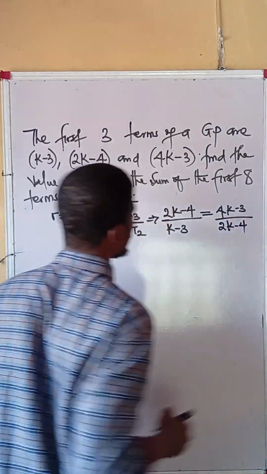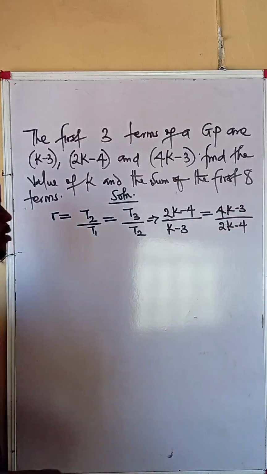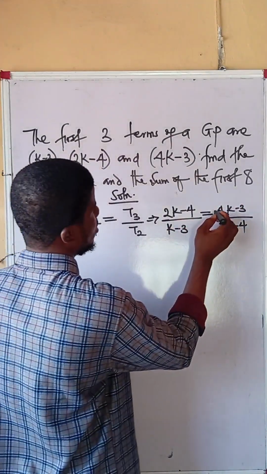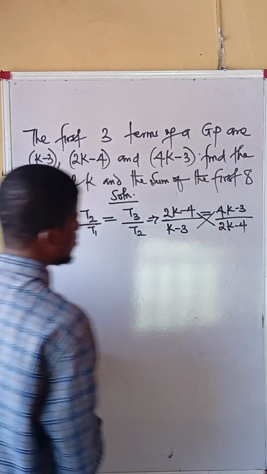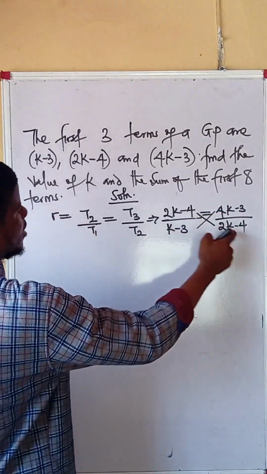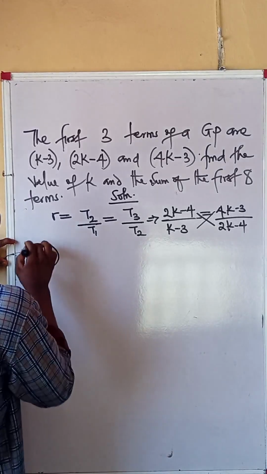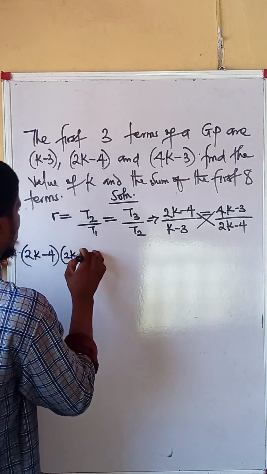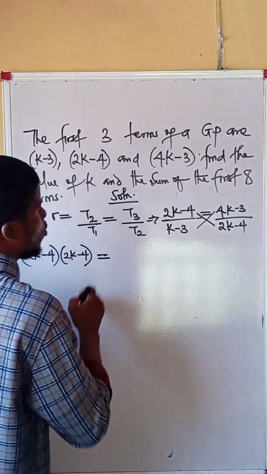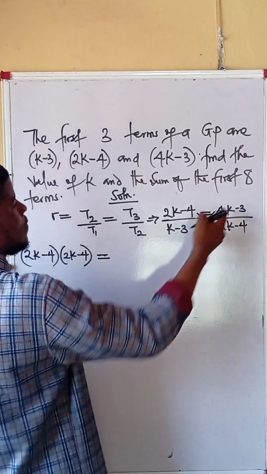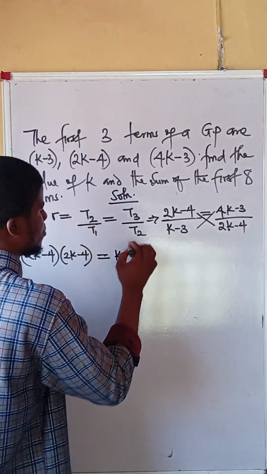This is an equation. I'll cross multiply. So 2k minus 4 times 2k minus 4 is equal to k minus 3 multiply 4k minus 3.